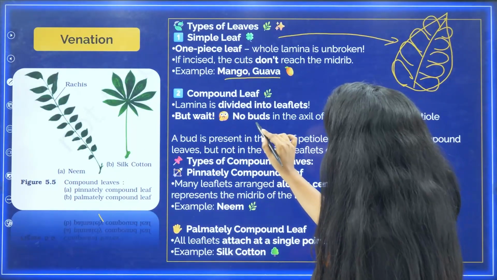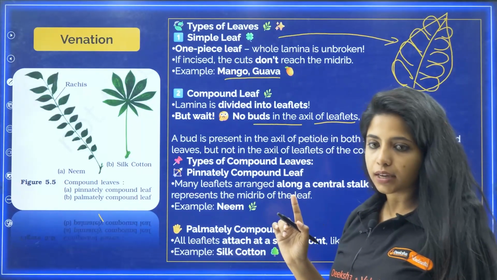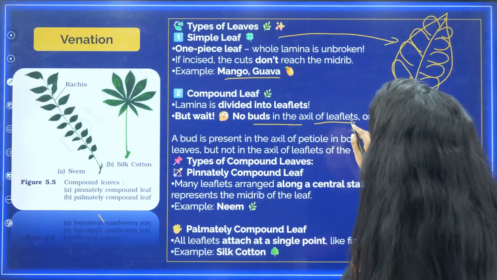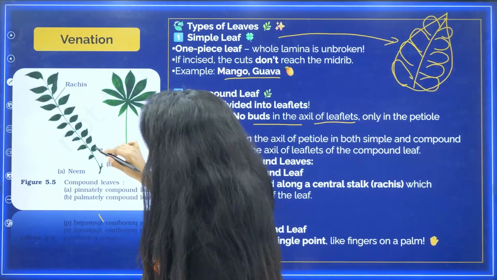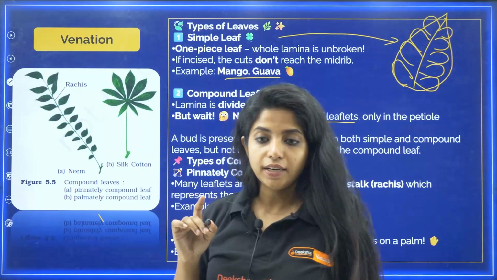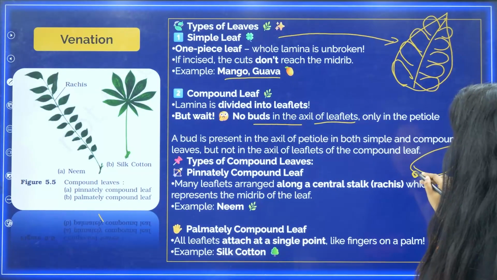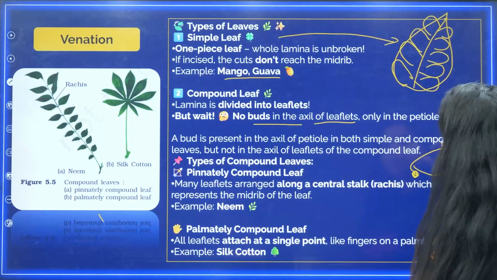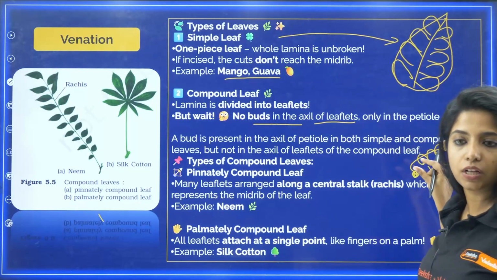But wait, there are no buds in the axil of leaflets. Remember always, there won't be any bud in the axil of leaflets, only at the petiole. We just studied that under the leaf you have an axillary bud, right? But where the leaf itself is dividing, do you think each leaflet will have an axil of its own?